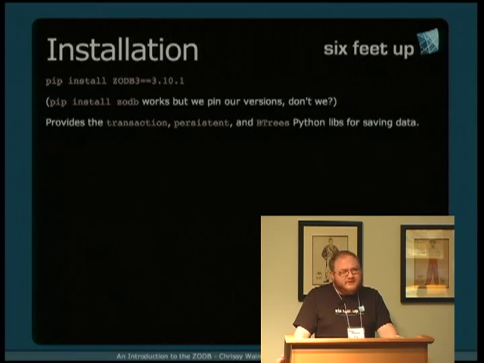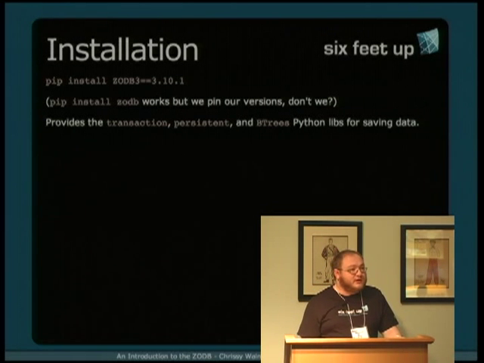Installing the ZODB gives you, there's like 7 dependencies, a few libraries that it needs to use itself. And ZODB itself also provides the transaction, persistent, and BTrees Python libraries. And those are used for interacting with the database and saving data.